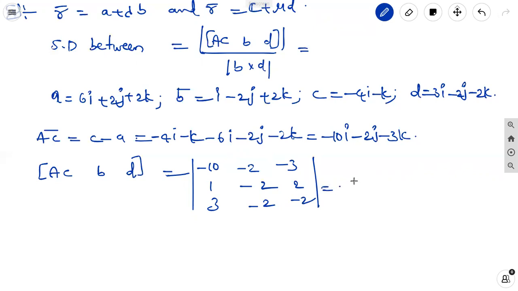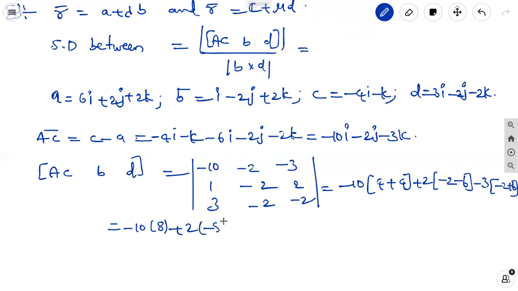Find the determinant: minus 10 into (4 plus 4) plus 2 into (minus 2 minus 6) minus 3 into (minus 2 plus 6). It is equal to minus 10 into 8 plus 2 into minus 8 minus 3 into 4, equal to minus 80 minus 16 minus 12, equal to minus 108.